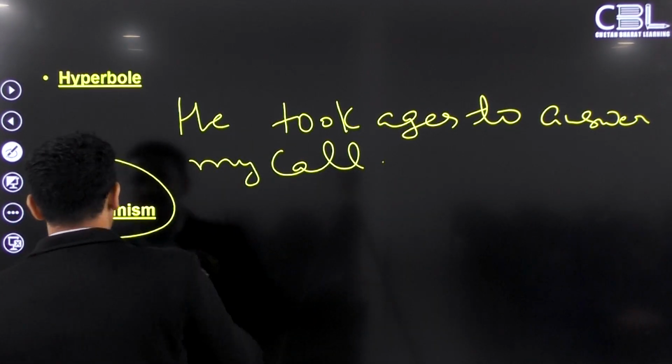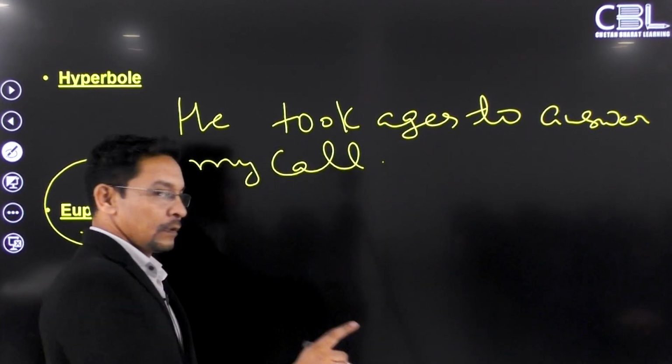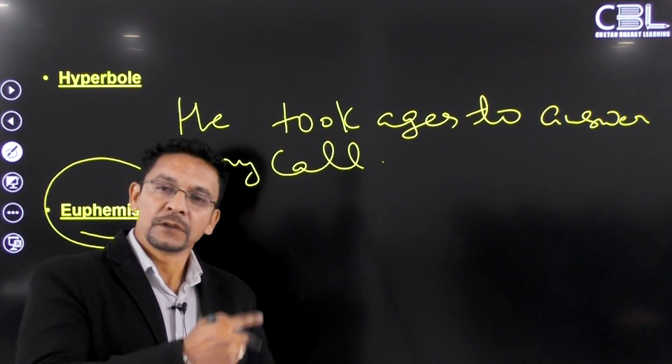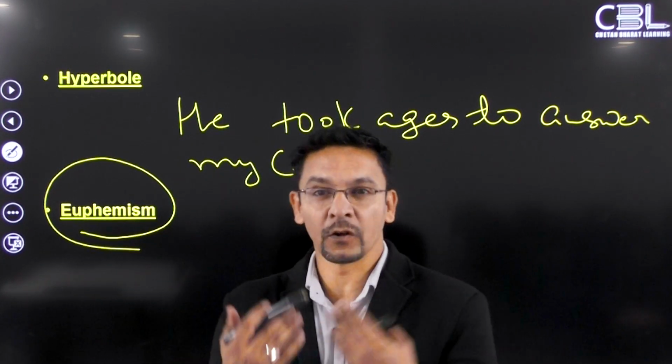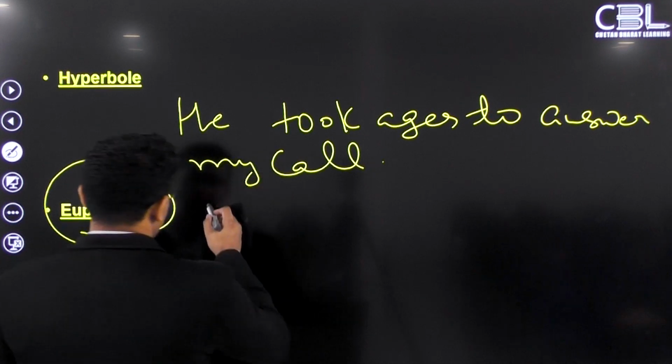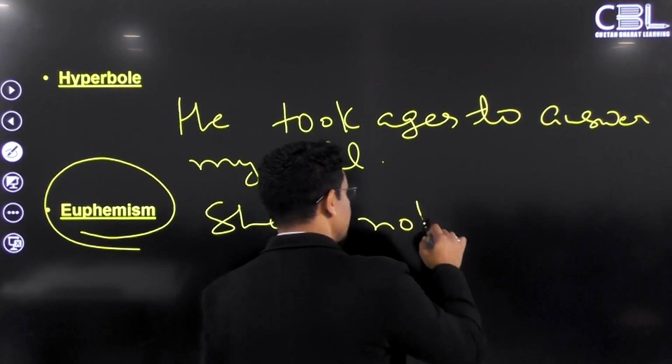Euphemism. Euphemism is understatement. It is like using milder words to give a stern expression or a meaning. For example, she is not too bad.